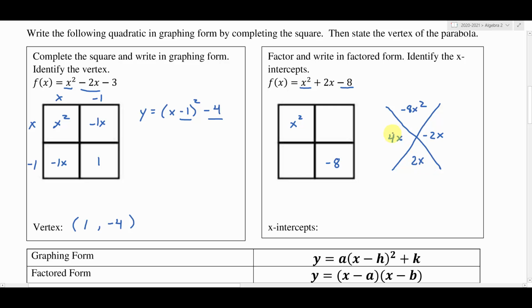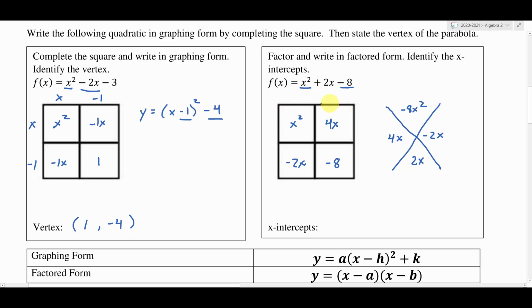So if I do 4 times -2, I get -8, and if I do 4 plus -2, I get a +2. So this is how we're going to get the 2x in these two missing boxes. So I'm going to put a 4x here and a -2x here. And it does not matter what order you put those in. So you could have put the -2x here in the upper right-hand box.